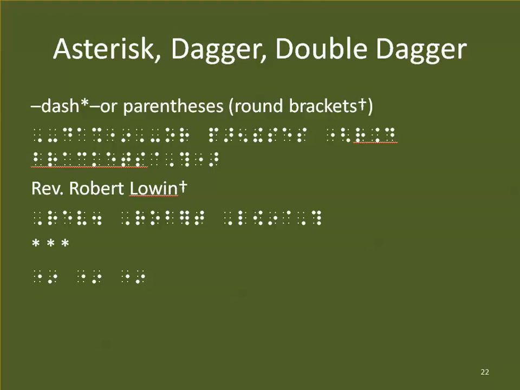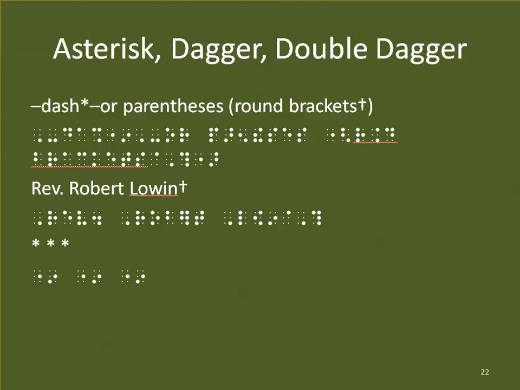Also, you see there in this first example on this screen, we're using a dagger. So we Braille the dagger right where we did. Again, we used to have to Braille the dagger outside of that closing parenthesis, but not anymore. We just Braille it where we see it. Or if we have Reverend Robert Lowen, that might mean that he's a clergy member, and so we Braille that the same way we would as a reference indicator.